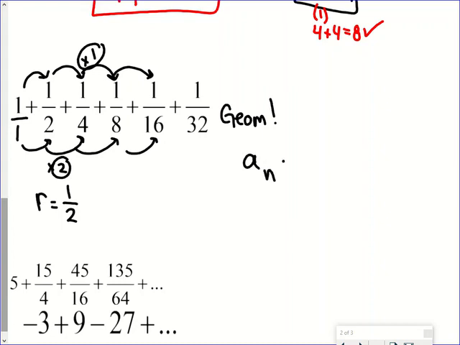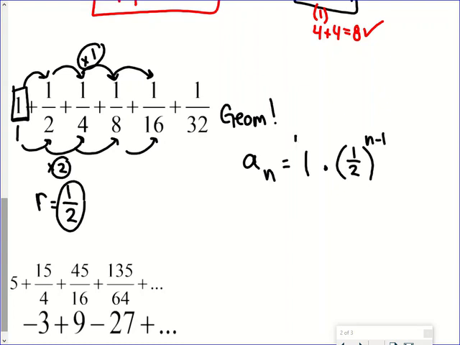So a sub n equals your starting number, so in this case it's a 1, then times your r, or your pattern. Our r is 1/2, so in our parentheses 1/2, and then always to the n minus 1. So for these geometric ones, they're actually a little bit easier because you can't simplify that.